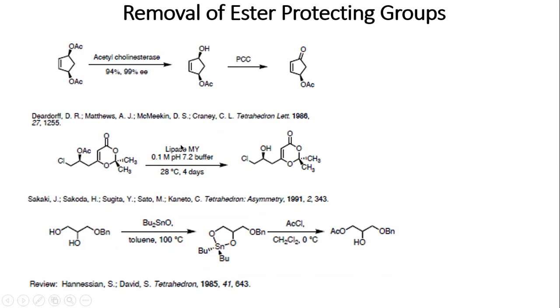All right, same thing here. This is also enzyme catalyzed, and so you can see here you can remove this acetate protecting group with a lipase and get the free alcohol here, right? And you can see up here, this is important too. It says 99% ee, because there is no diminution in the stereochemistry.